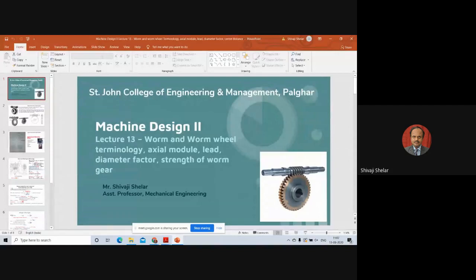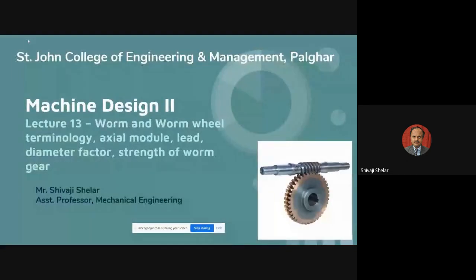Okay, so let's start the presentation. In today's session, we are going to cover worm and worm wheel. What is meant by worm and worm wheel? Associated terminology for worm and worm wheel.